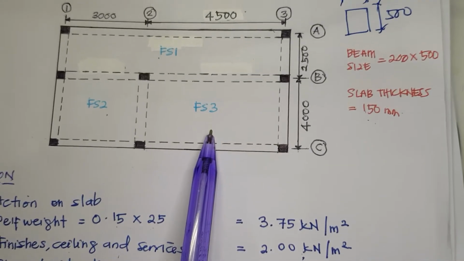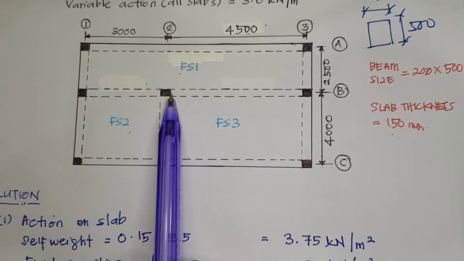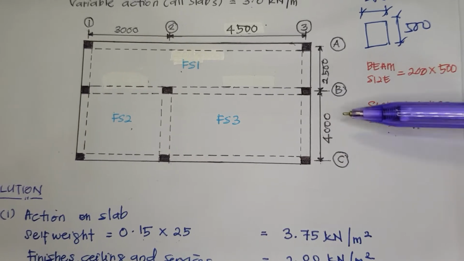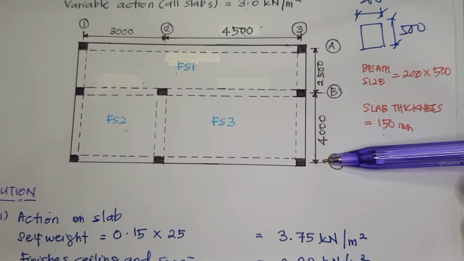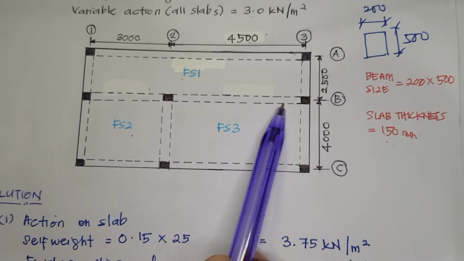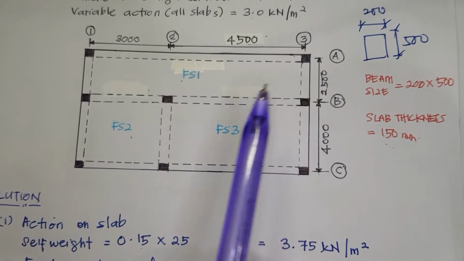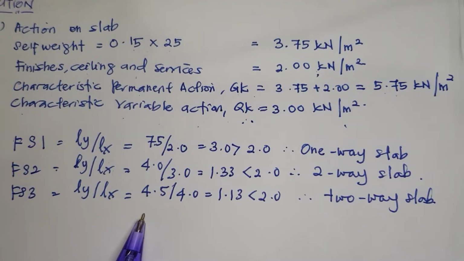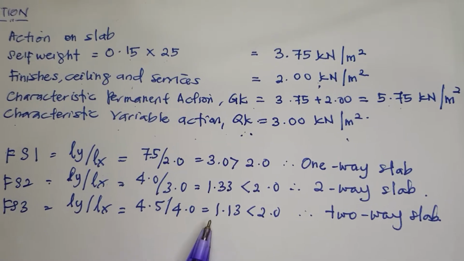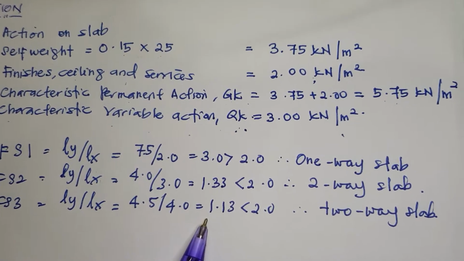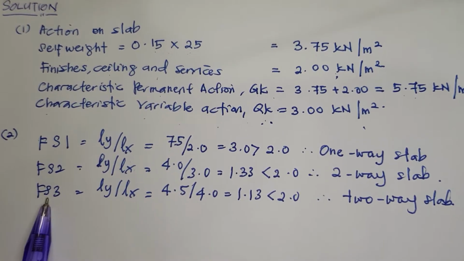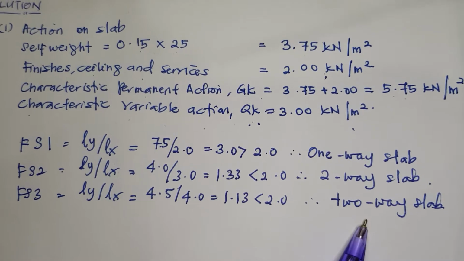So this is the third slab. 4.5 and 4. This side is Lx and this side is Ly for slab number 3. 4.5 divided by 4 is equal to 1.13, which is less than 2. Thus, slab number 3 is two-way slab.